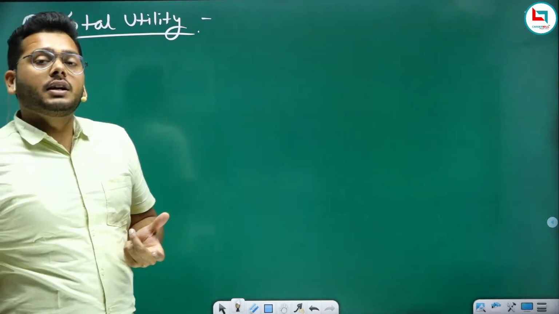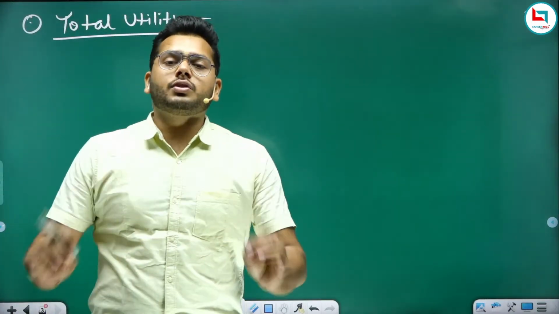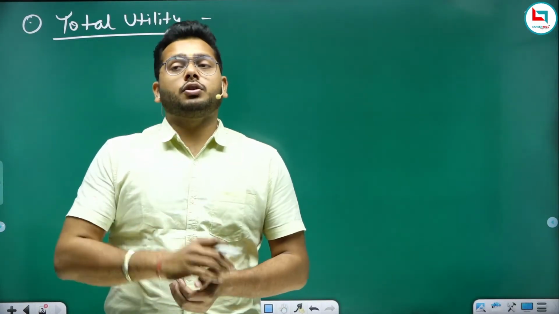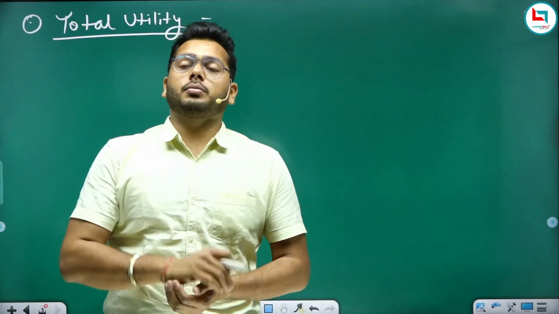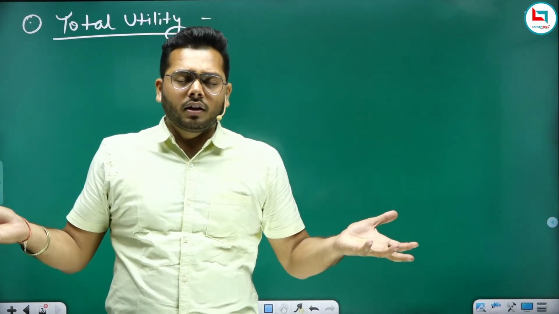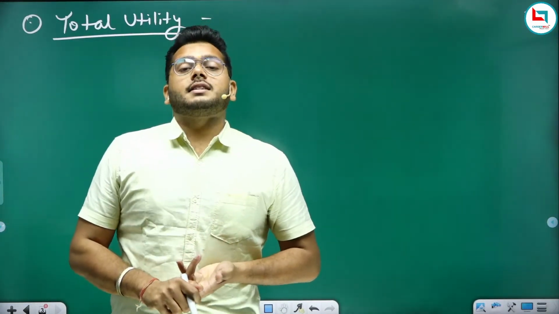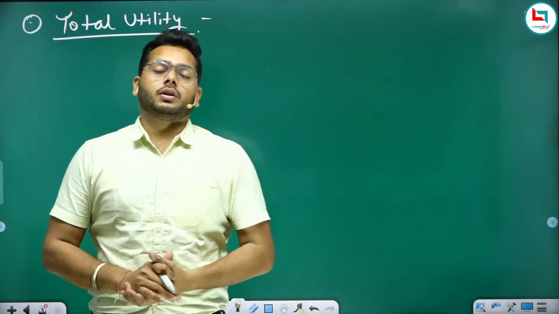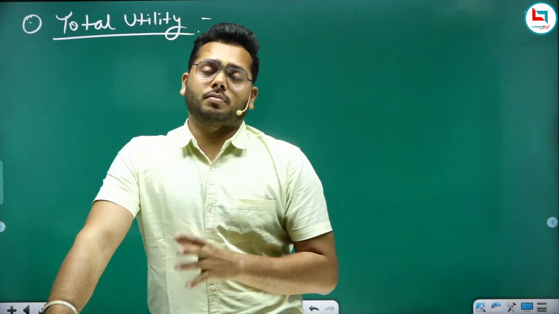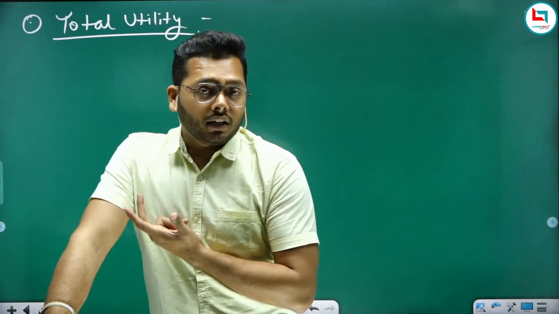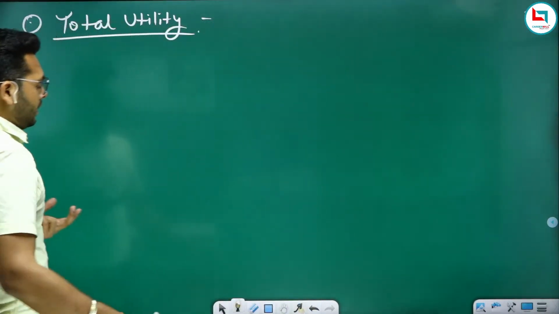After consumption of any goods and services, the total satisfaction you are getting from the consumption of goods and services is total utility. The satisfaction you are getting after spending such an amount, this total satisfaction is total utility.